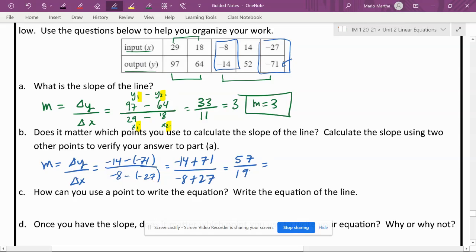And 57 divided by 19 is equal to positive 3. So it doesn't matter which 2 points you pick. We found the same slope, so we got the same result.